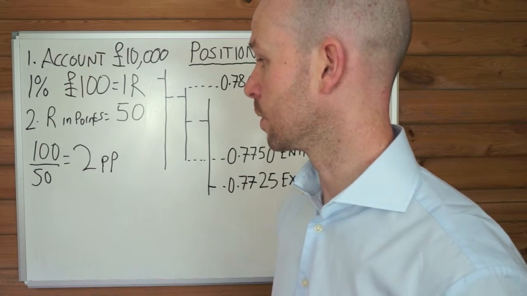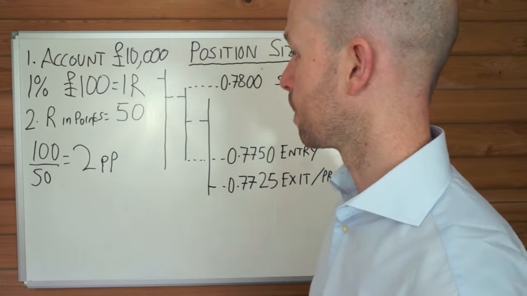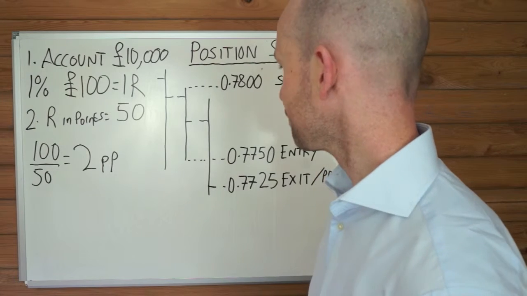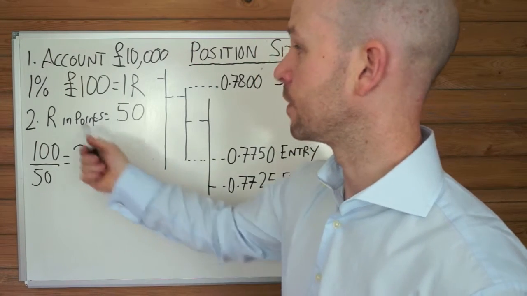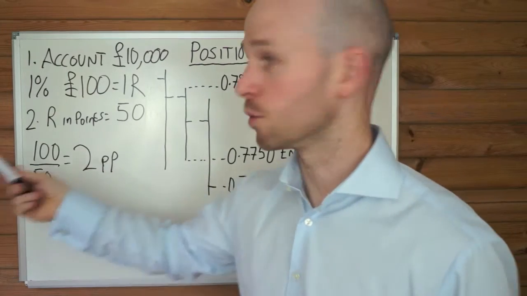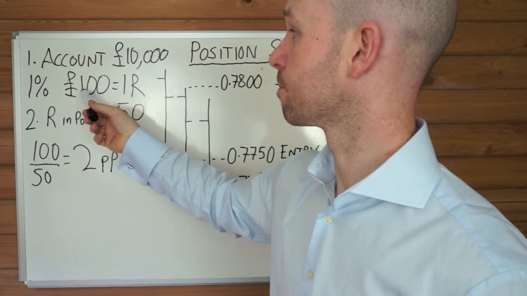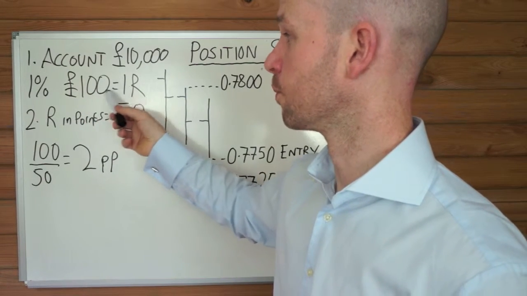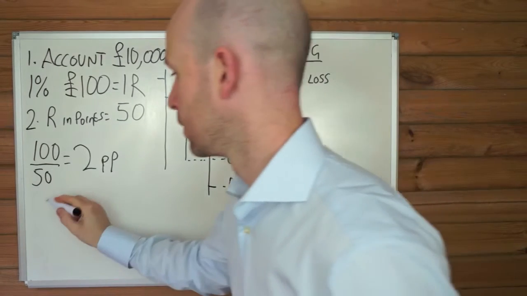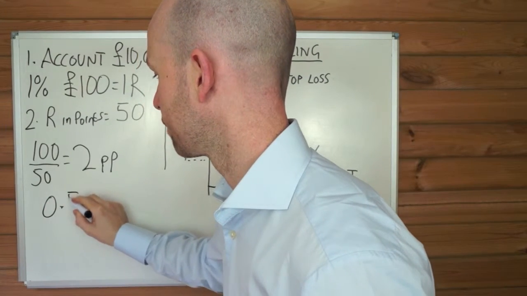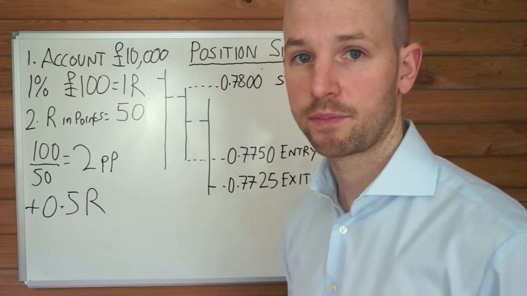So we can see that we made £50 on this trade. It's important to realise that £50 is half of our original risk, or half an R. So we say that is a plus half an R trade.